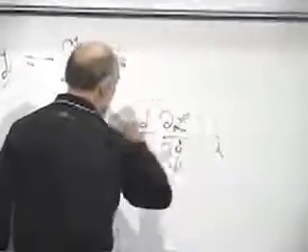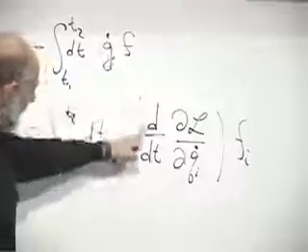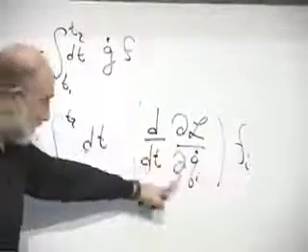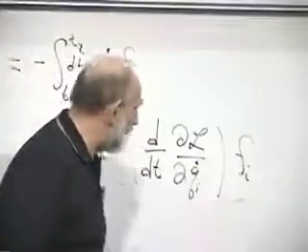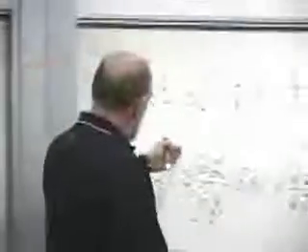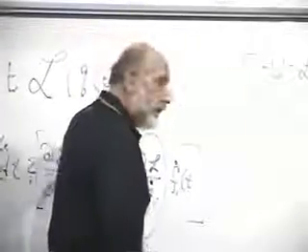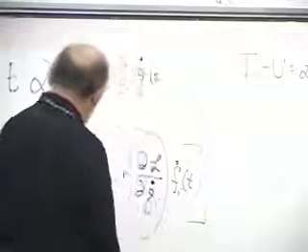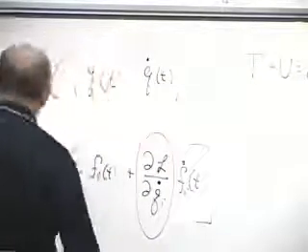This is G dot, d by dt of G. And instead of having f dot, we now have f. So now we can write both of these terms, the term coming from varying q a little bit and the term coming from varying q dot a little bit, as integrals with the arbitrary function f.